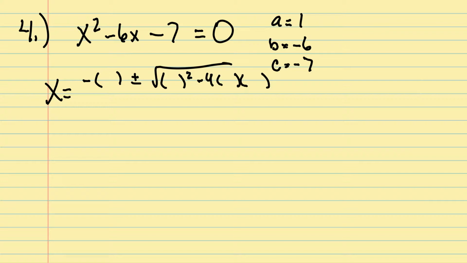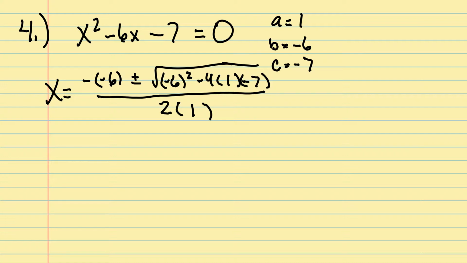Notice once again, whenever I said a letter, I just wrote an empty set of parentheses, and then all over 2a. Well, a is 1, so I put a 1 next to the 2 and next to the 4. Put negative 6 here, and I put negative 7 right here. And it's a plus 7 right here. I made a little mistake, so that makes that a little bit different.